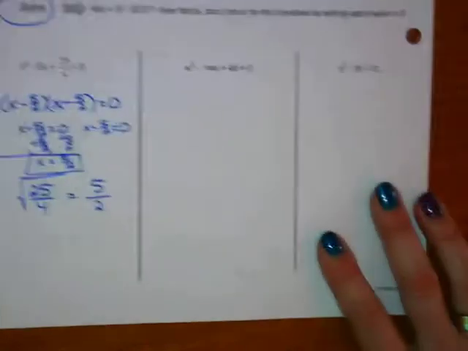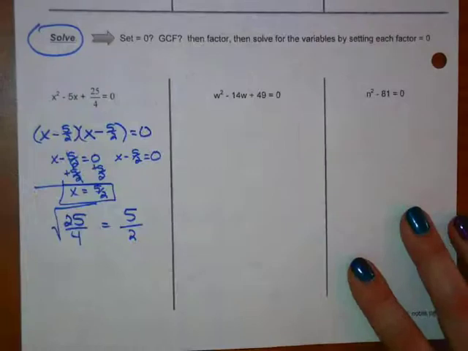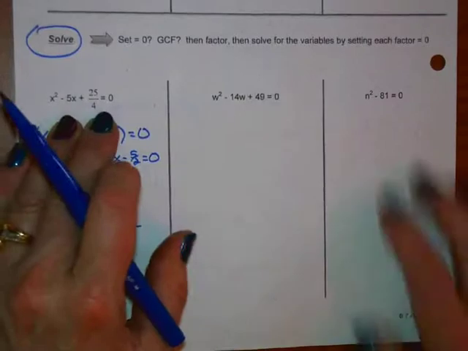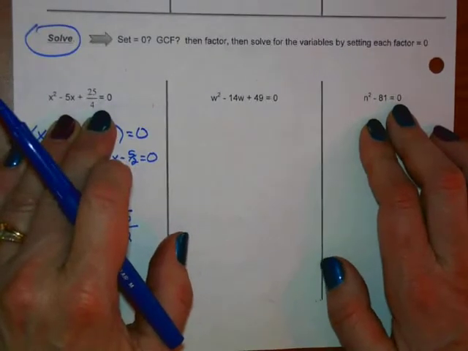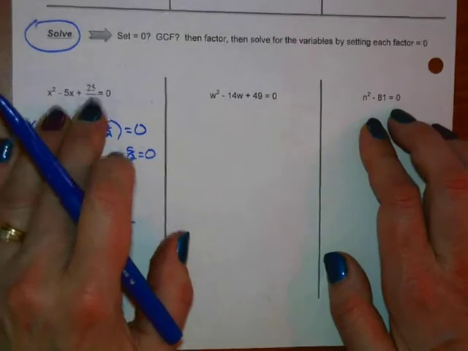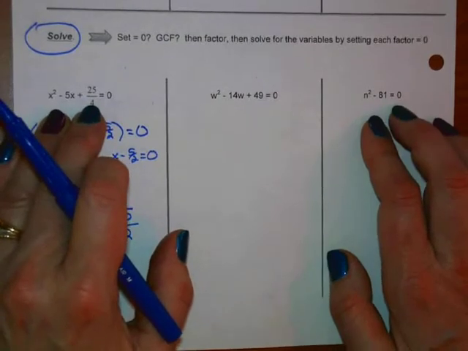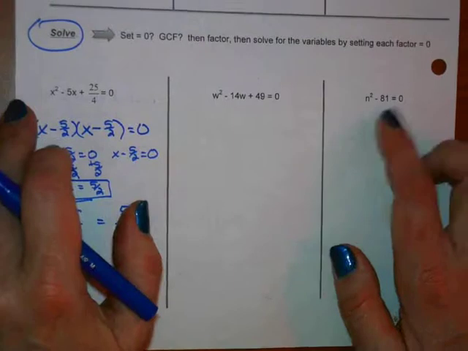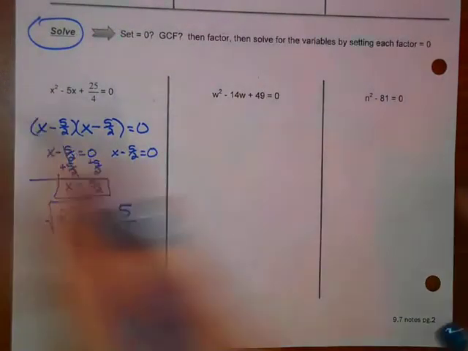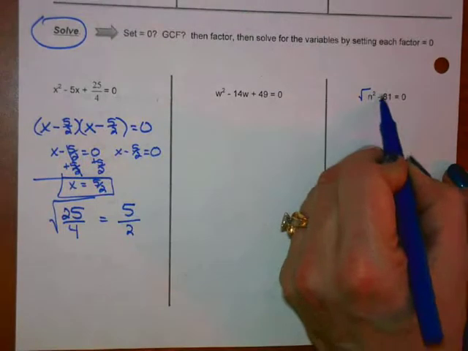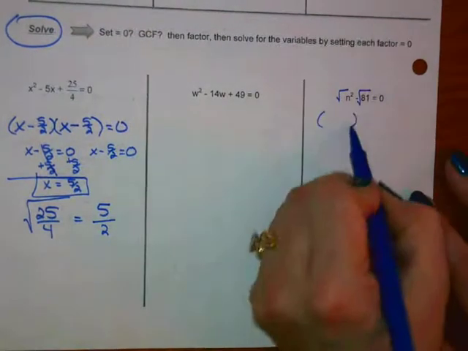Let's go over here and do this last one. What's the difference between this kind of problem and this kind of problem? What's the difference? Yeah, this is a trinomial, a perfect square trinomial. This has no middle term. It's like the first set of problems that we did. Remember? But still, this is a perfect square and so is this. So I'm going to set up my binomials.